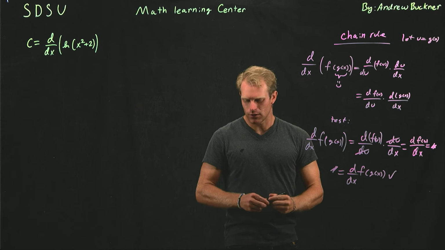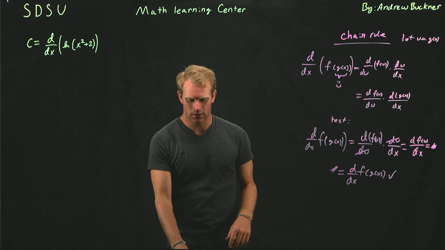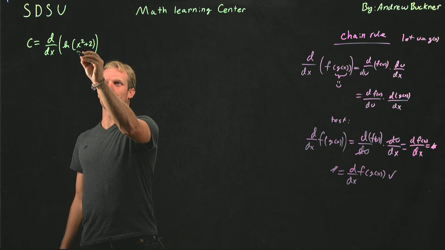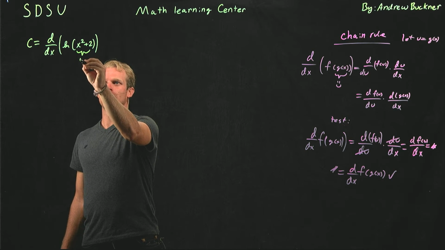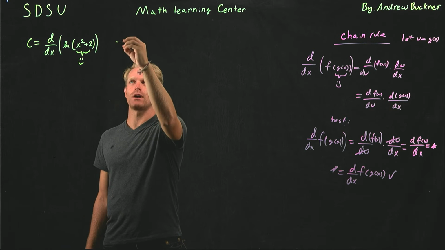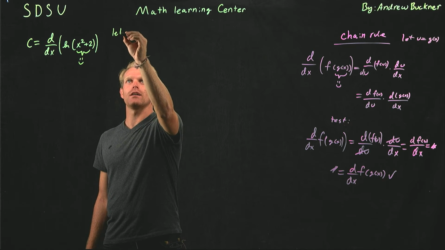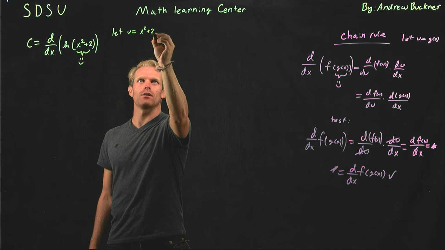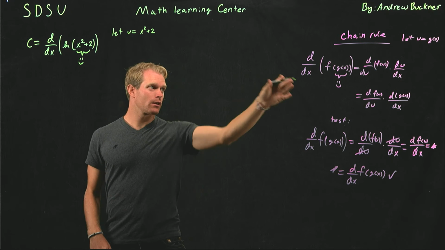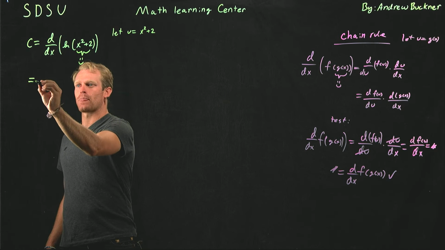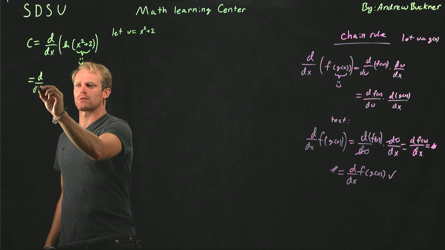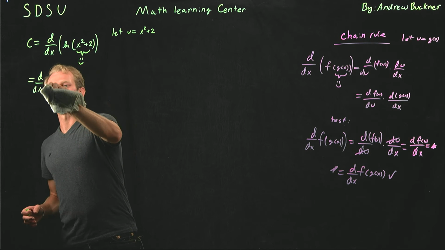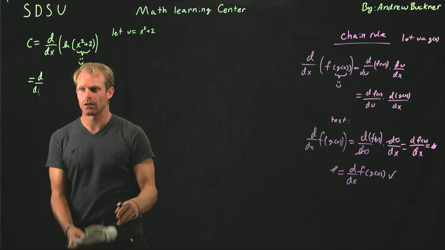Just like that. So when we do this in our case here, we see that I have an inner function, and I'm going to let this equal my u. Another smiley face there, I know. So we're going to let u equal x squared plus 2. And then we're going to apply the chain rule here. So I'm then going to be asked the derivative with respect to u here. Apologize, I'm trying to write an x there. I'm getting a little too ahead of myself.